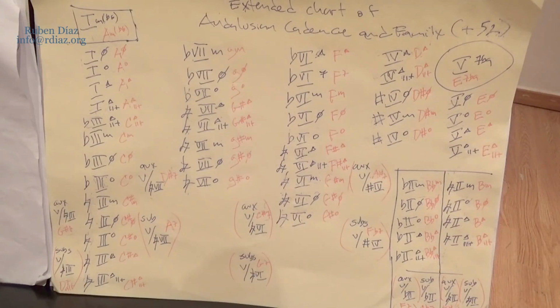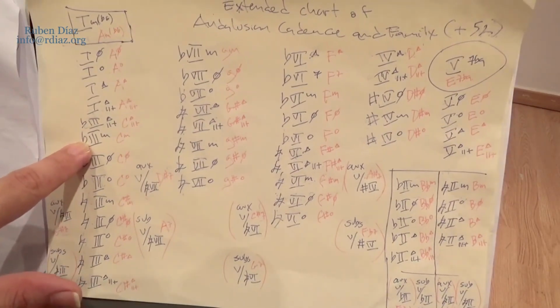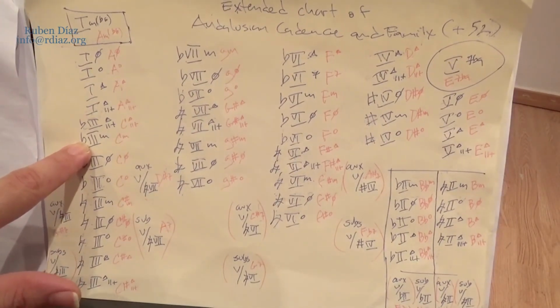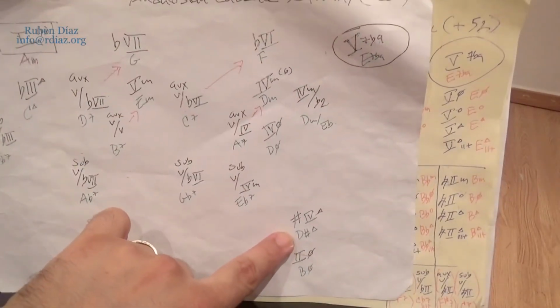To keep it simple, many things can be made, because right here we are in the same zone of the sharp 4 major chord, which I wrote on the first page, right here, D sharp major, major 7.